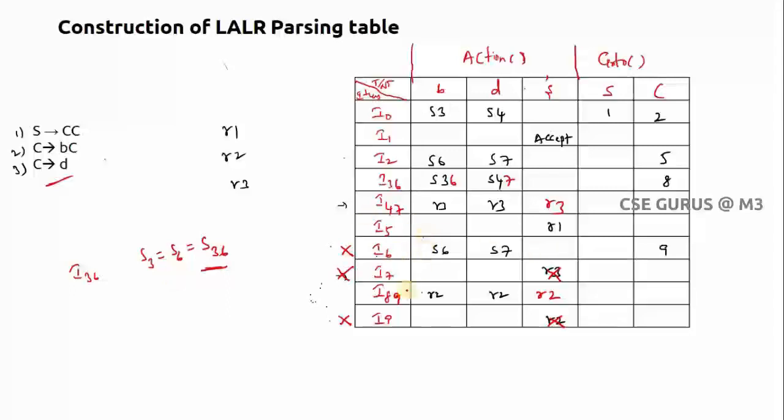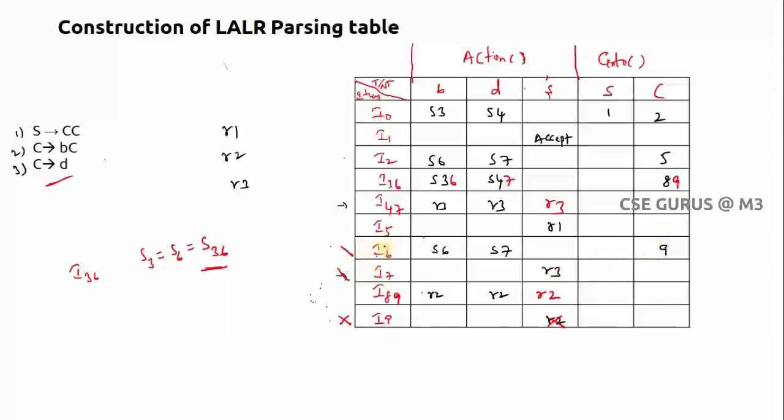And of course, I8, I9 is over, I47 is also over, and I36, S36, S47, this is also over. And here also you can see 9 is there, here 8 is there, again both are the same, no? So I'll write 89. Like this.